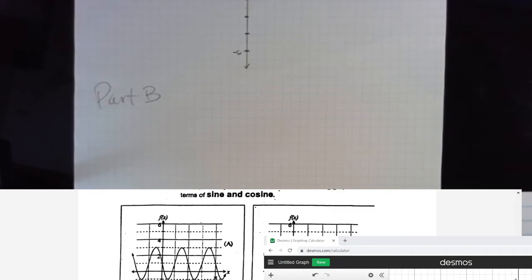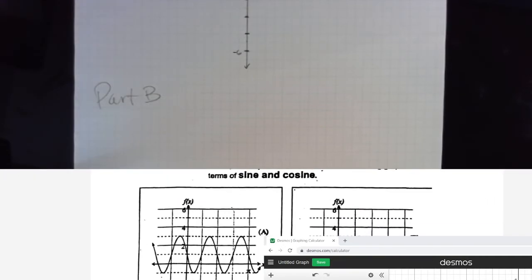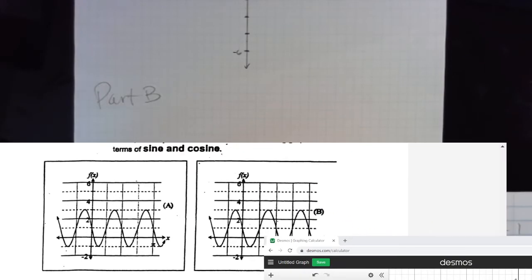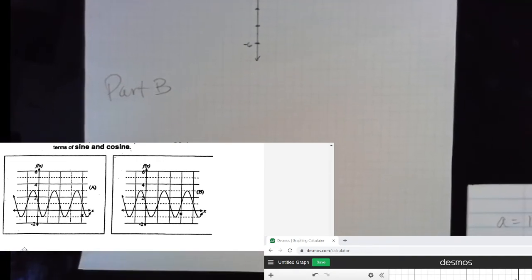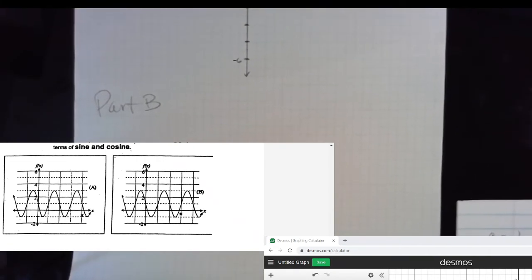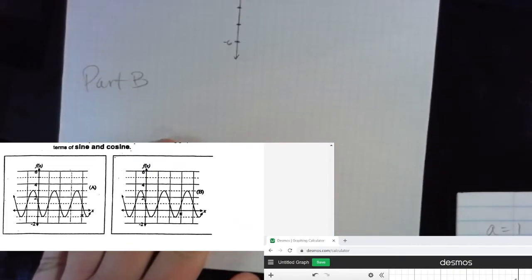I only really need to see one of them. Okay, so in terms of sine and cosine, what does this graph kind of look like? And let's just move it over kind of out of the way. There we go, part B. Okay, part B.